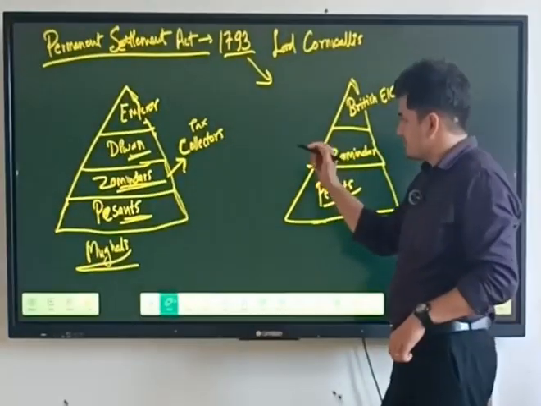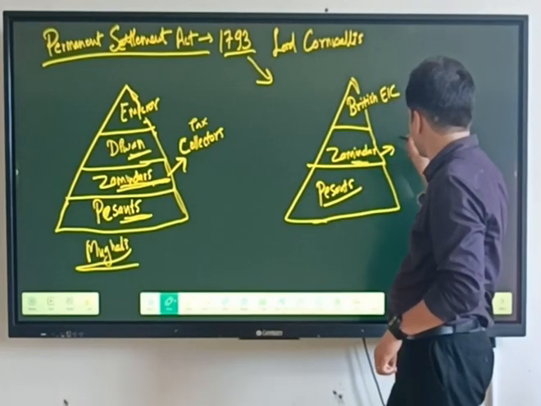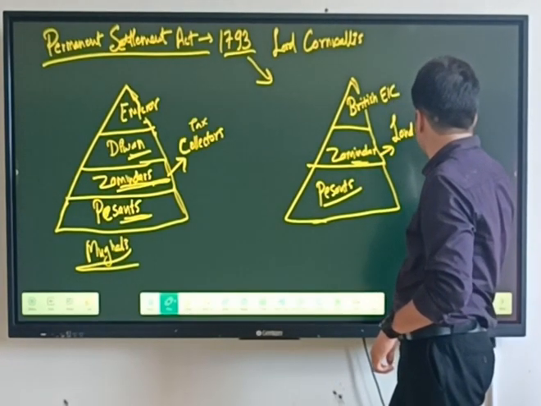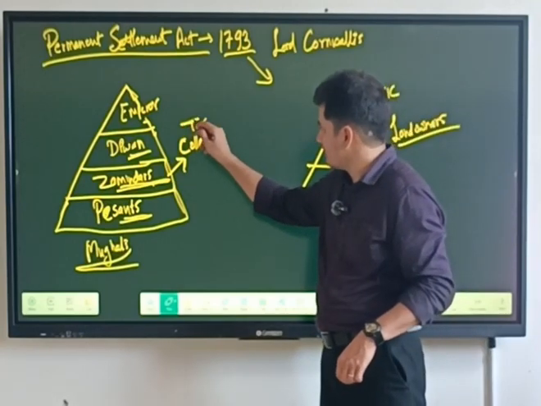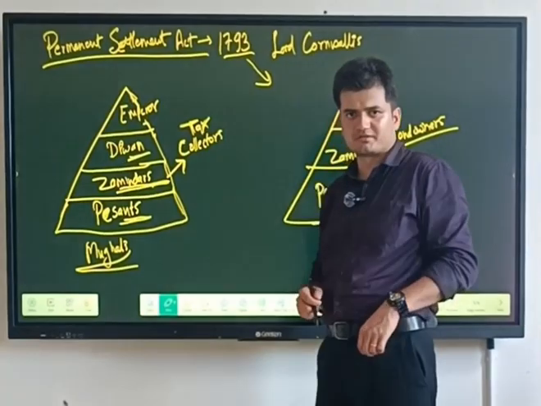So what is the difference between Zamindars here and here? So here Zamindars were landowners, and here they had only one work to collect taxes from the peasants on the behalf of emperors.